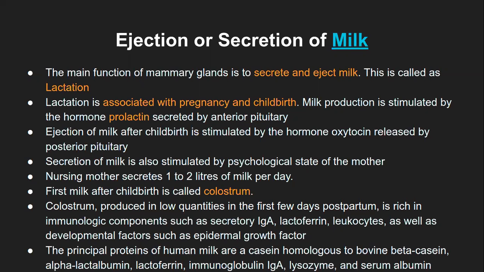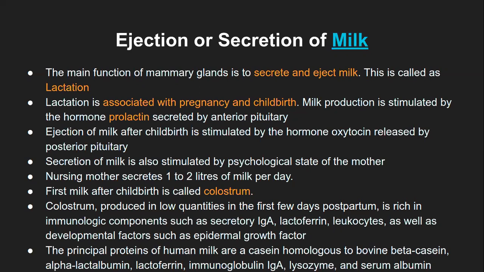So colostrum is produced in low quantities in the first few days postpartum. Now postpartum is another new terminology. Post means after, partum means delivery of the baby. So after the delivery of the baby, it is also called postnatal. Natal relates to birth, so prenatal and postnatal mean before birth and after birth.